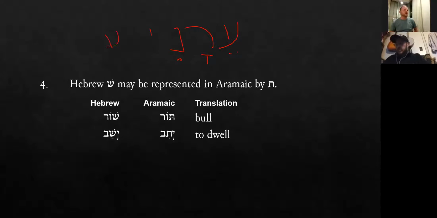If you have city, ironi means having to do with the city. It's like urban. Yeah, so the ending means it turns a noun into an adjective. Not sure what happens in Aramaic yet. I'm going to be learning Aramaic together with you.